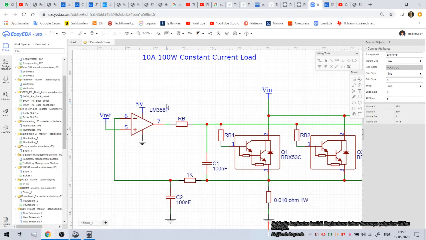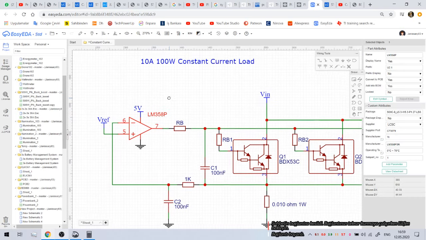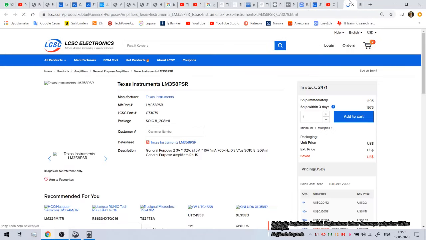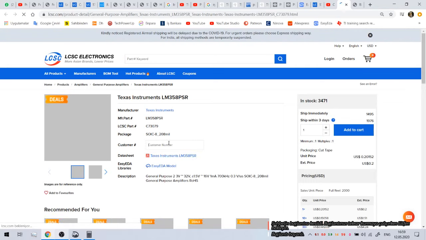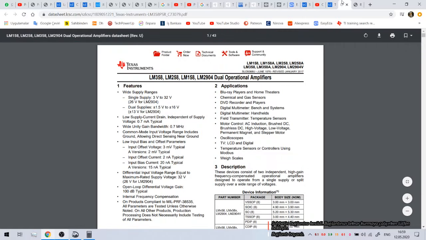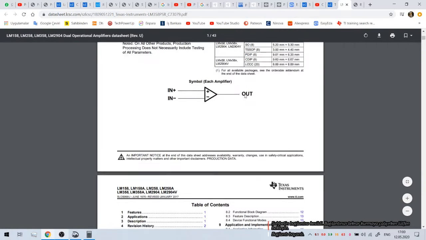We can use a basic op amp like the LM358. I want to show the datasheet.